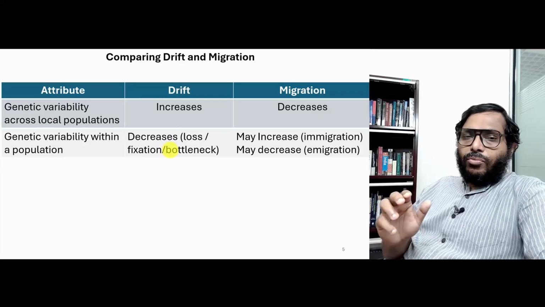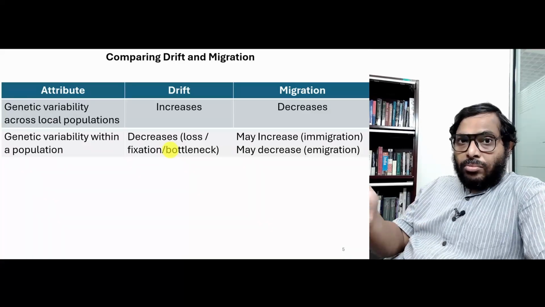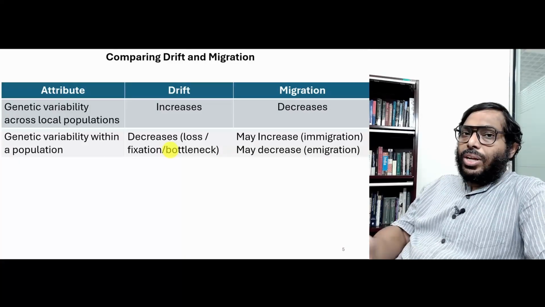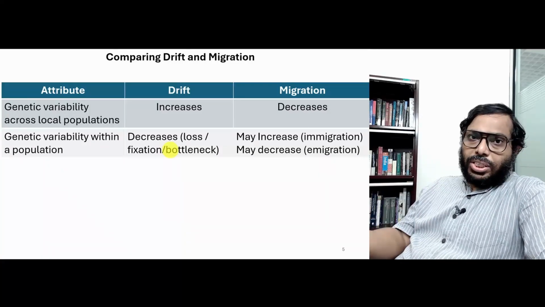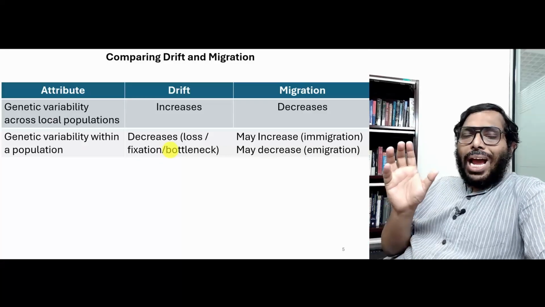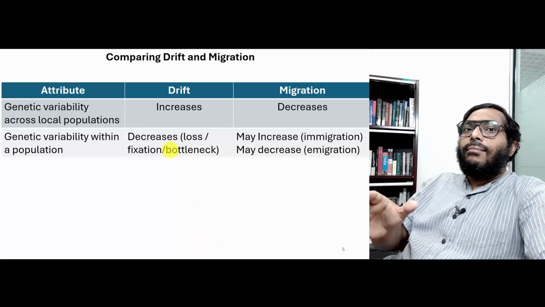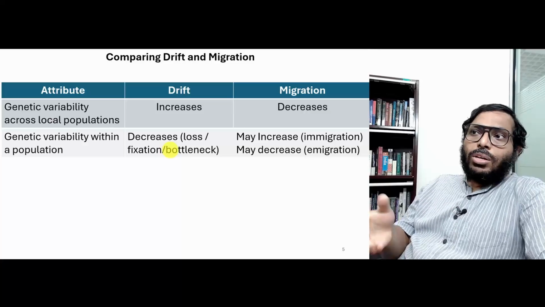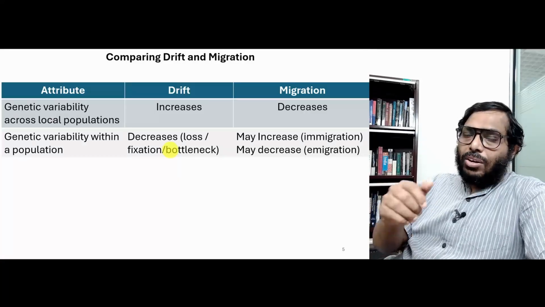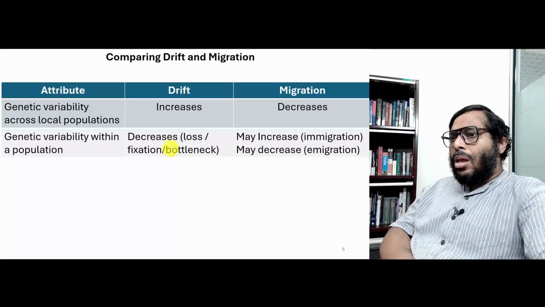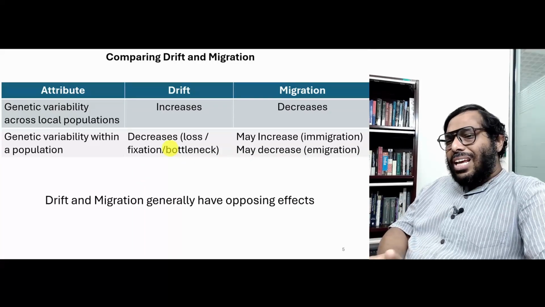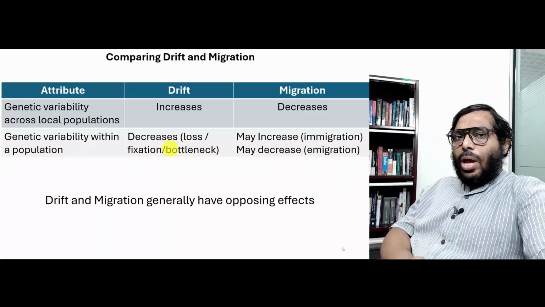The genetic variability within a population can increase, for example, when immigration is happening, or it can even decrease. So, for example, there is an exit from a population and it just so happens that all the individuals who had a certain trait were amongst the people who went out. Obviously, in that case the genetic variation can even decrease in the context of a population. So, the main point that you need to remember is that in general drift and migration tend to have opposing effects.